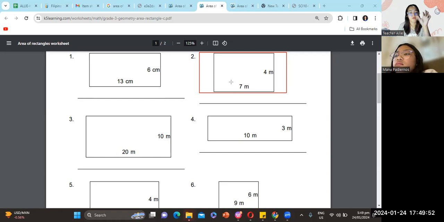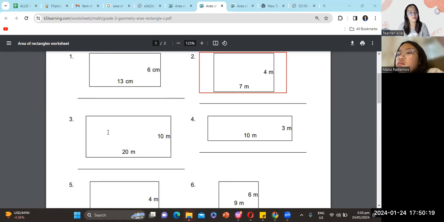Maybe you can write here in the screen so that it's easier for you. So 28 what? What's the area? Centimeter square. Is it centimeter in number 2? Square meters. Okay, 28 meters square.